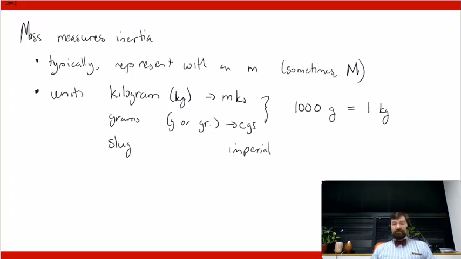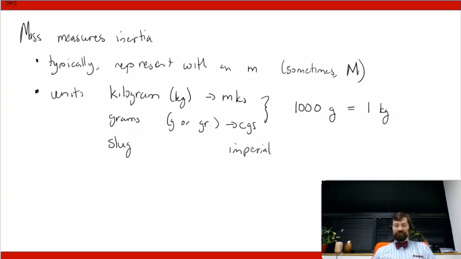So I've said it's a representative of the inertia of an object, and that is something that will be better defined later when we get into Newton's second law, or you can refer to the brief video that I've made previously about Newton's laws in general. Essentially, the more mass something has, the harder it is to change the object's velocity.